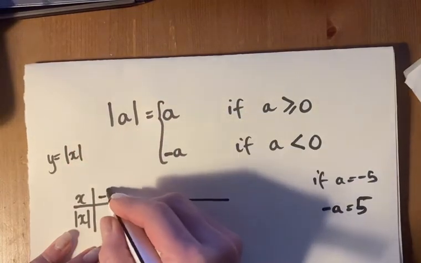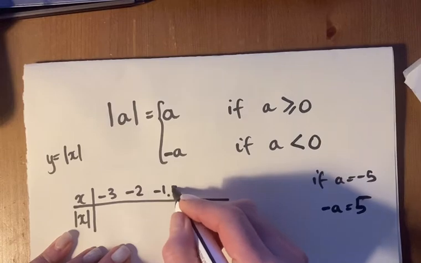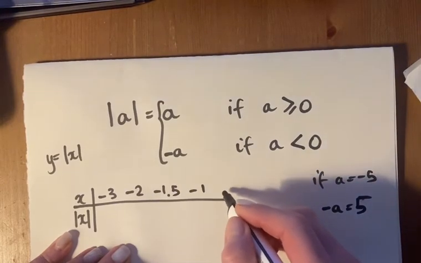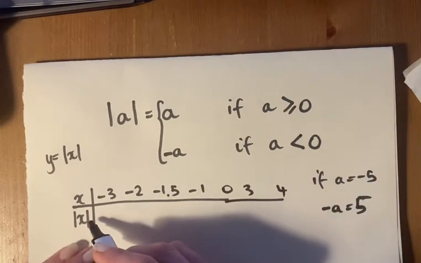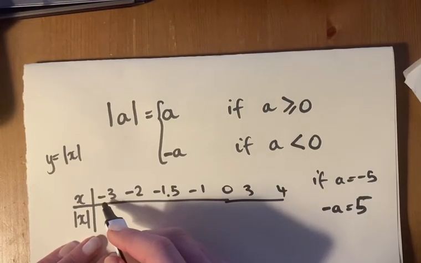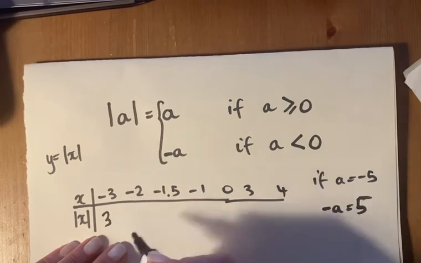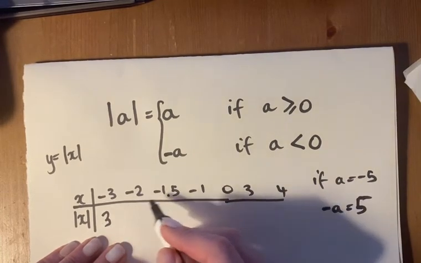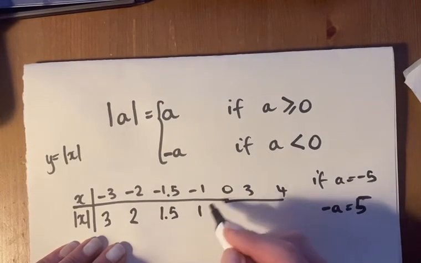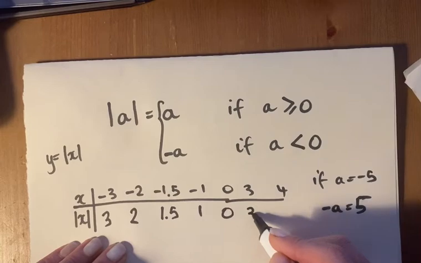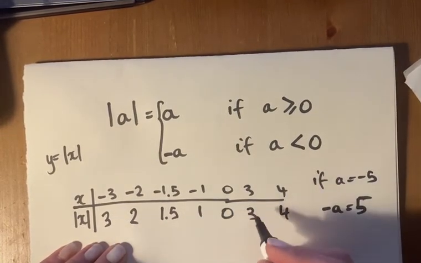We consider a few values: minus 3, minus 2, minus 1.5, minus 1, 0, 3, 4, etc. Now, modulus of negative 3: what's the size of that number? It has to be 3. So all the negative numbers will turn into positive. 0 stays as 0, and 3 and 4 stay positive. So the answer to the modulus of x is always positive.